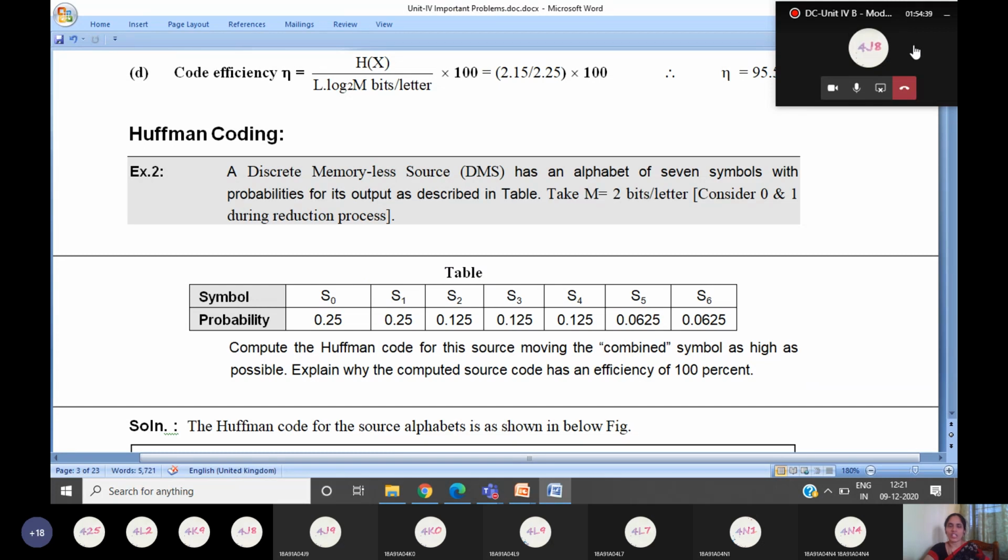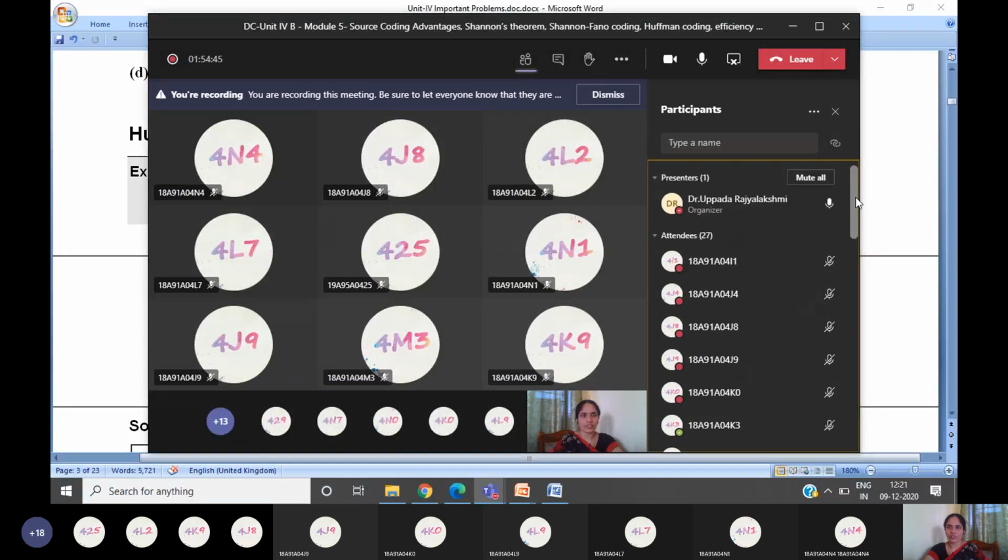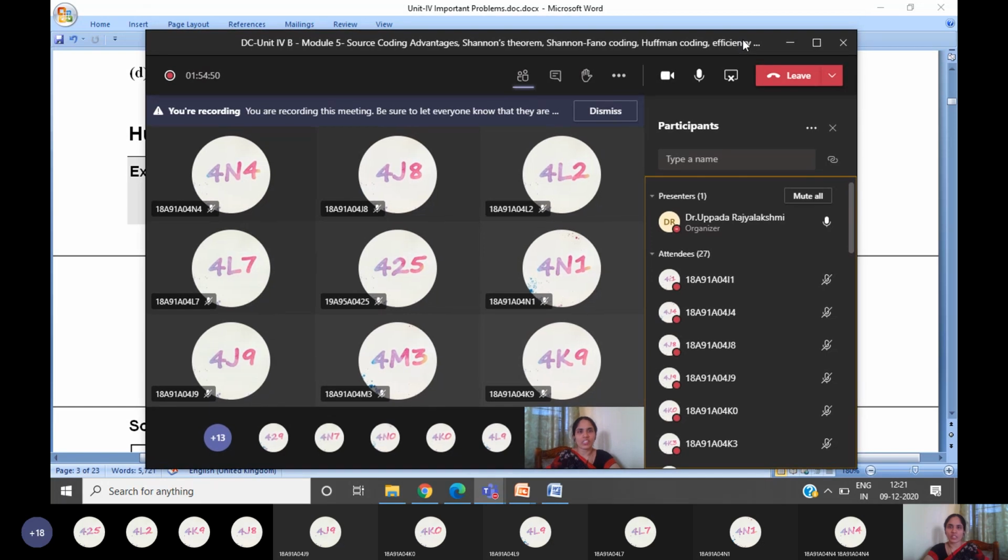With this, almost all of this module, the first module of chapter 4 part B, we can complete. And tomorrow we can complete the second Huffman coding example, and we can start the Shannon-Hartley theorem.